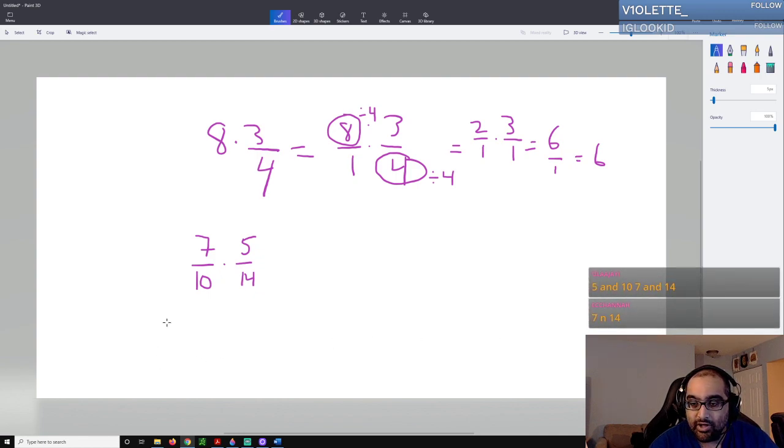5 and 10 and 7 and 14. Good. So I'll put 5 in a block and 10 in a block, and we'll circle 7 and circle 14. We'll say these two are together. What can we divide from 5 and 10?